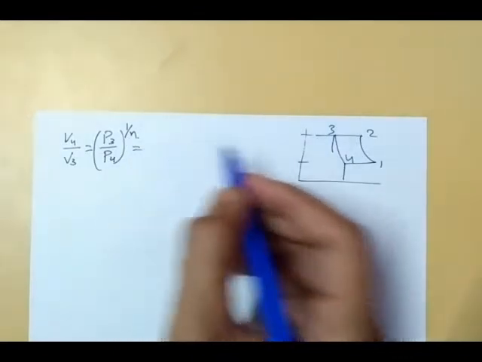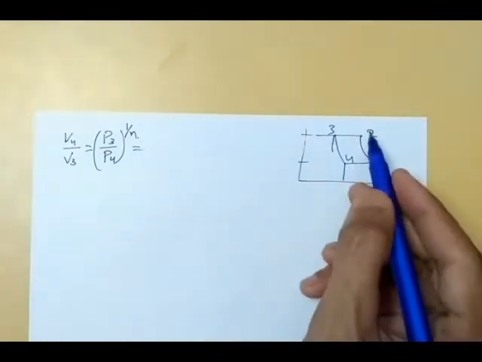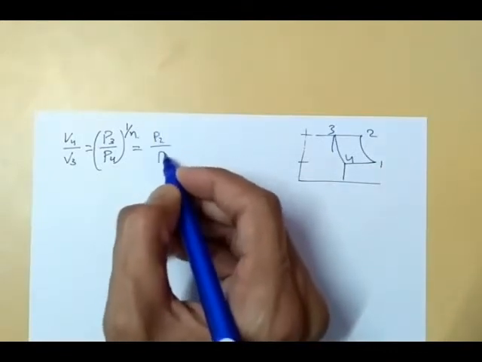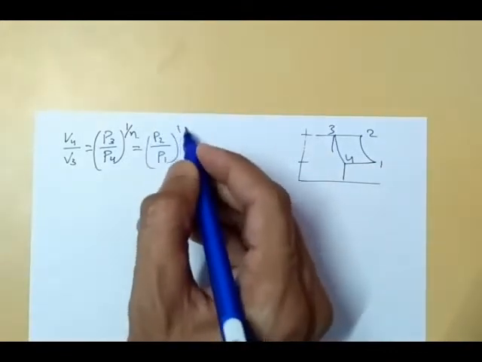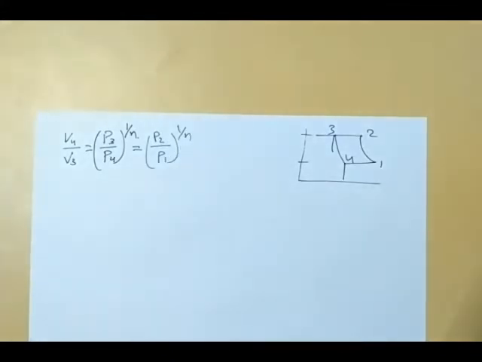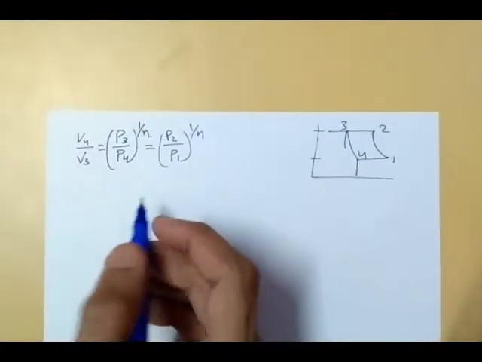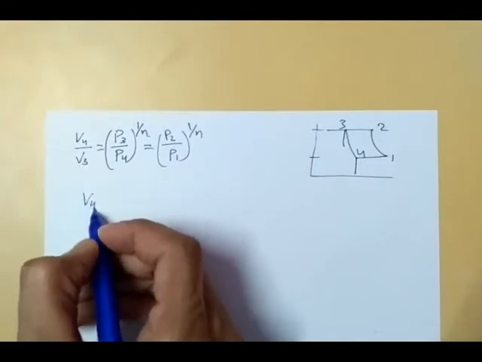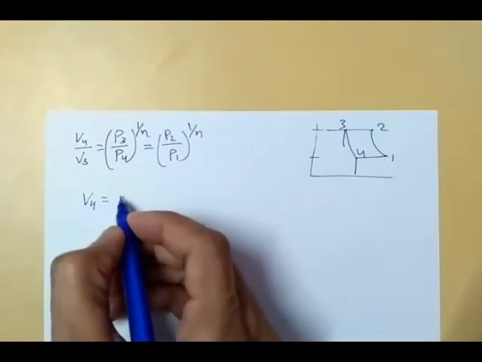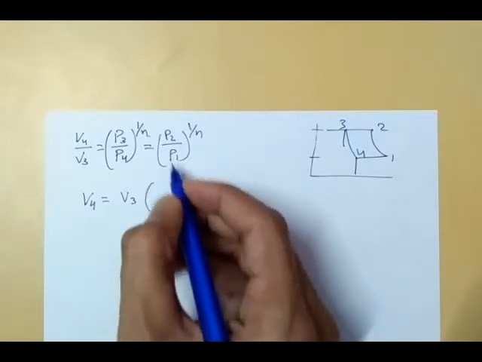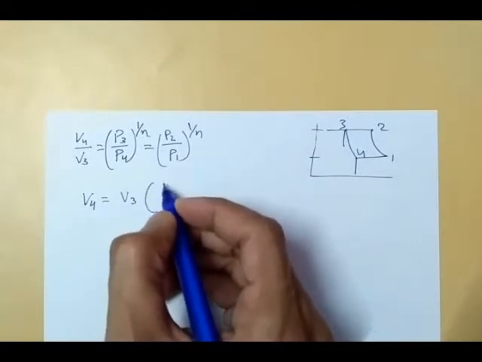But because 1 and 4 are the same, 2 and 3 are the same, I can also write this as P2 by P1 power 1 by n. So if I substitute, V4 is equal to V3 times P2 by P1 power 1 by n.